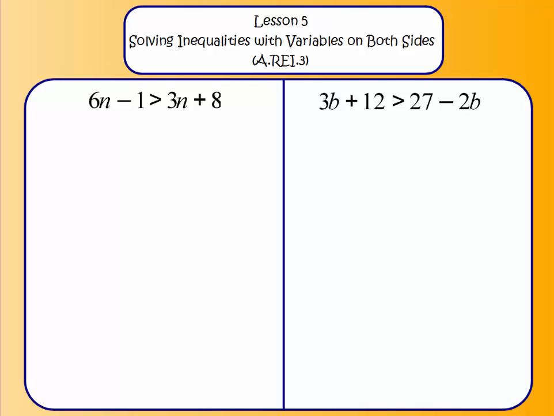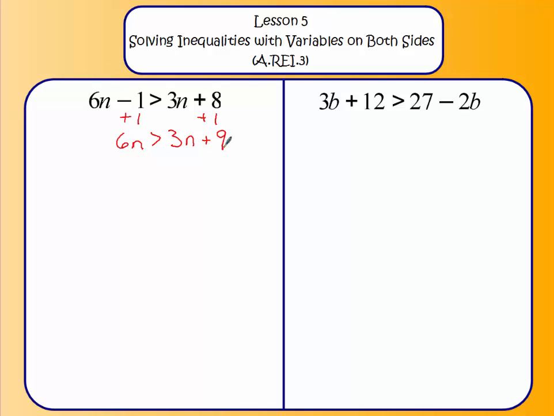If you remember from equations, what we wanted to try and do is get the variables all on one side. We also want to get the constants all on one side away from the variables. So first thing I'm going to do here is add 1 to both sides. That leaves me with just 6n is greater than 3n, 8 plus 1 is 9.